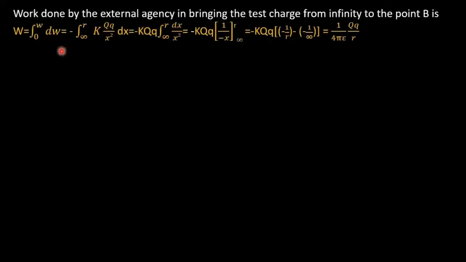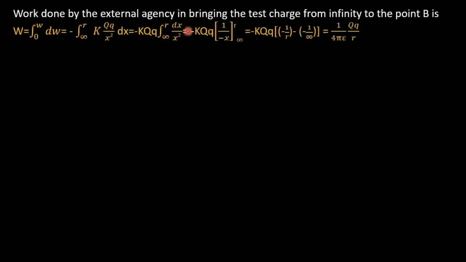We have already determined the value of dW as K Q q divided by x square dx. Now the limit here is infinity to r, because the test charge is brought from infinity to the point B, which is at a distance r from the source charge.